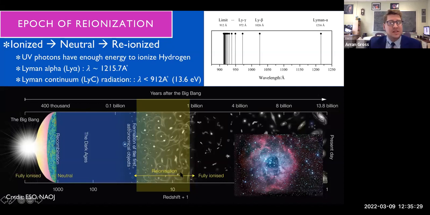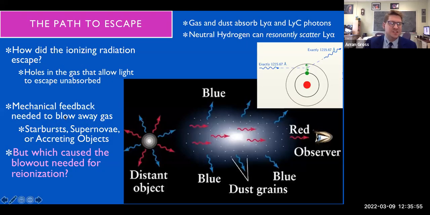We have a pretty good idea that you need a source of ultraviolet photons, stuff above the Lyman limit, so that it has the energy to ionize hydrogen. And we also have a pretty good idea that you need pockets of hot, young, bright stars, O and B type stars, like in this pretty little picture of, I think, the Rosette Nebula, that produce plenty of that type of emission. But there is a complication to that.